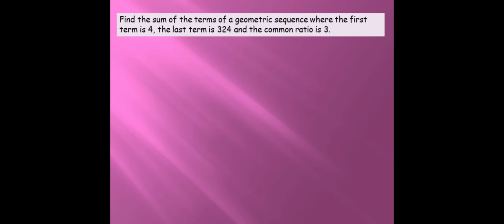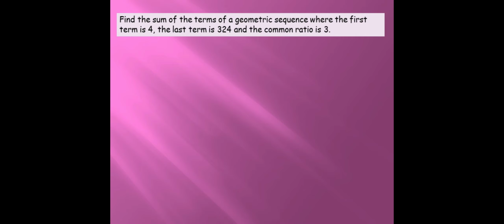Okay. So, sabi naman dito, find the sum of the terms of a geometric sequence where the first term is 4 and the last term is 324 and the common ratio is 3. So the last term is 324.